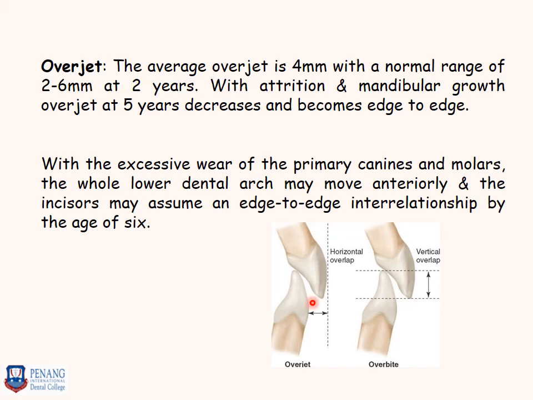And with excessive wear of the maxillary canines and molars, the whole lower dental arch may become more anterior and the incisors may assume an edge to edge interrelationship by the age of 6.